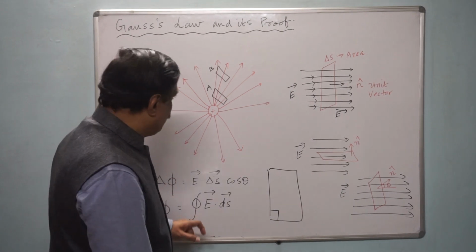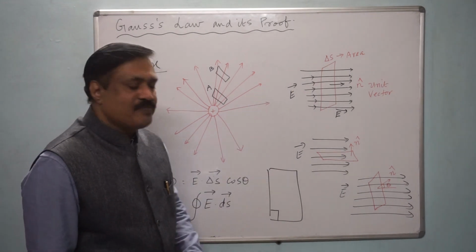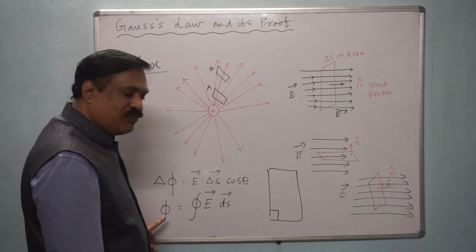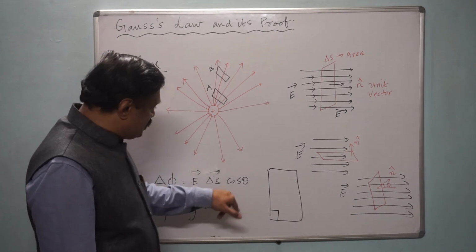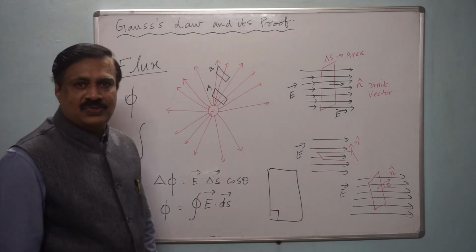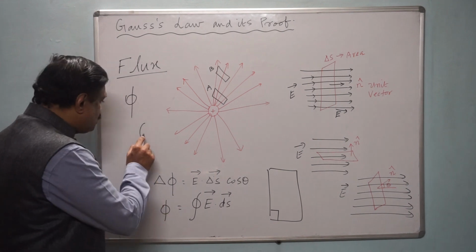Just like we calculate the small flux, after that we take a summation. Therefore, this is a small flux, and the total flux phi equals the integration of E dot dS. It is a scalar product. Now I have put one circle here.